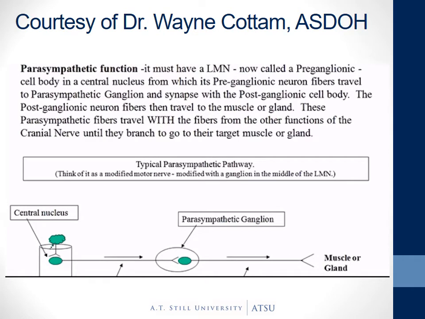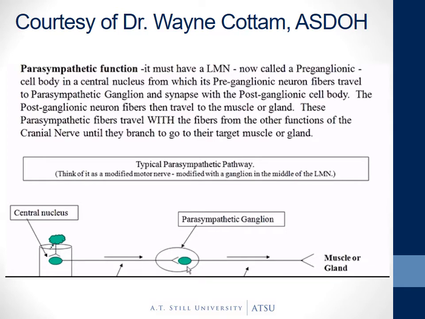This is a review of the parasympathetic function of cranial nerves and demonstrates the elements that must be present in the anatomical pathway when a cranial nerve has a parasympathetic function. If a cranial nerve has a parasympathetic function, it must have a lower motor neuron, now called a preganglionic cell body, in a central nucleus from which its preganglionic neuron fibers travel to a parasympathetic ganglion and synapse with the postganglionic cell body.